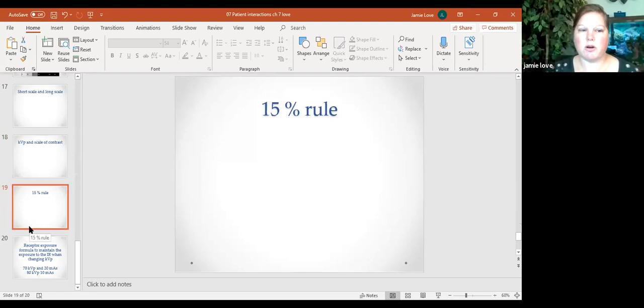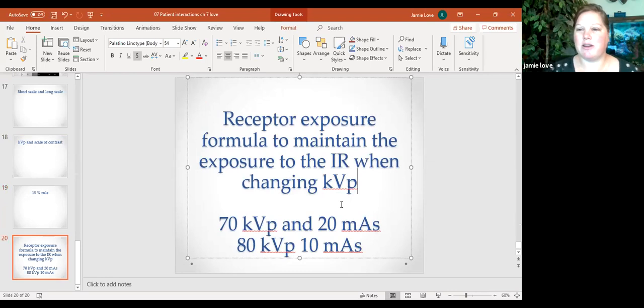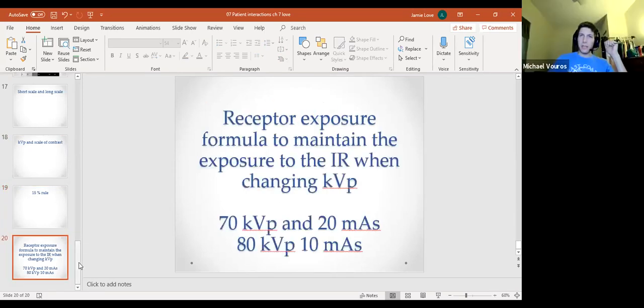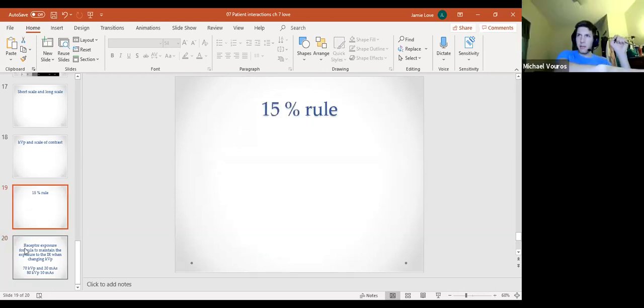So that's the first part of knowing what the exposure is going to be for this formula. If you understand that, you'll be ready for this when she talks about it in your next physics class. So increasing by 15% is effectively doing the same thing as doubling your mass or doubling the exposure, because you're making that beam that much more penetrating, more energy, more photons are going to come through. But that's only if you're increasing KVP. And if you decrease the KVP, that has nothing to do with doubling mass?